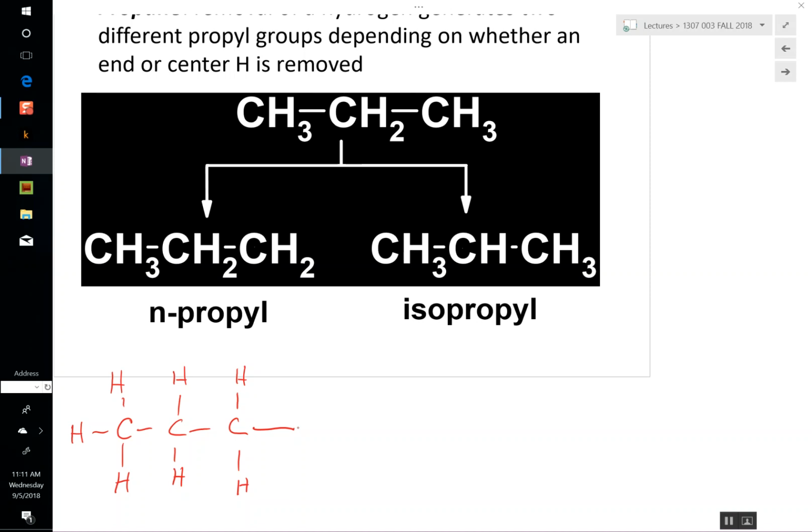Normal propyl, that's what the N stands for. Just like methyl and ethyl, you took a hydrogen off the end. It's normal. This is isopropyl. It's still a propyl substituent, 3 carbons, but it is distinctly different from this one. So this is an isopropyl group.